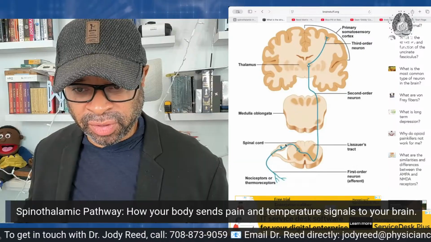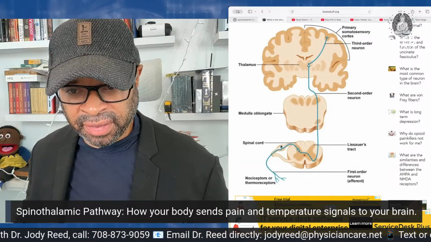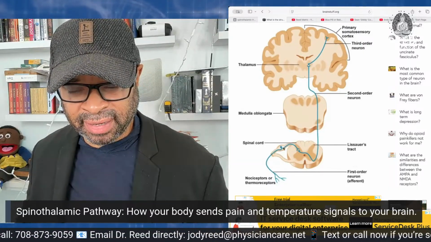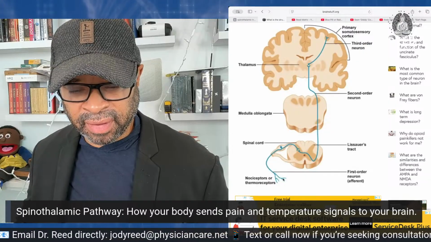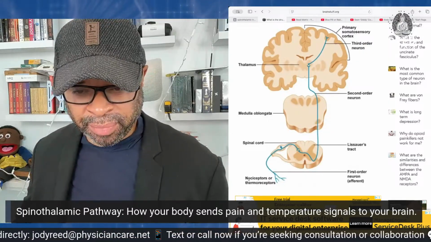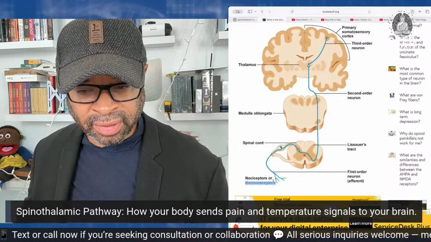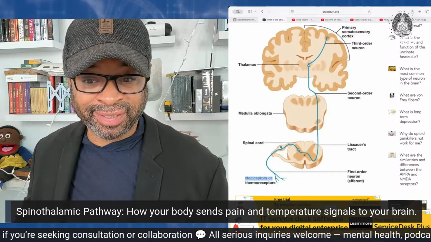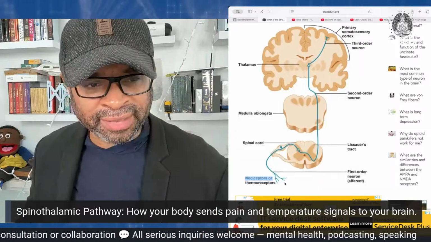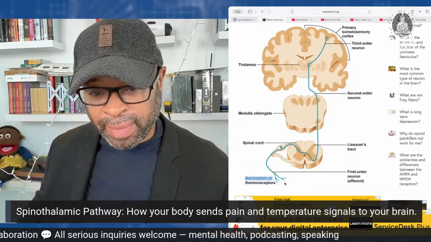Then first order here in the ganglion, the dorsal root ganglion right here. And then the fiber comes out here. Okay, so these are pain receptors, or heat receptors, or crude pressure receptors, right? Since we worked ourselves down, let me just work our way back up.